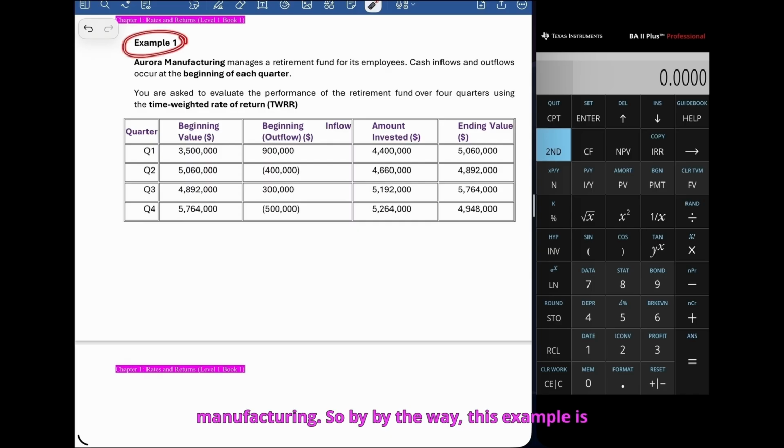By the way, this example is not exactly the same, in the sense the figures and the names won't be the same. But if you solve this, you'll be able to solve one of the questions even in your CFA book. Once we solve this, I want you to go back and try solving it.